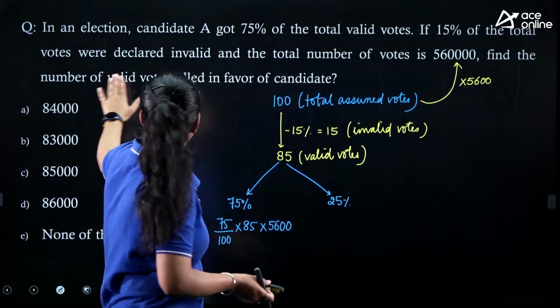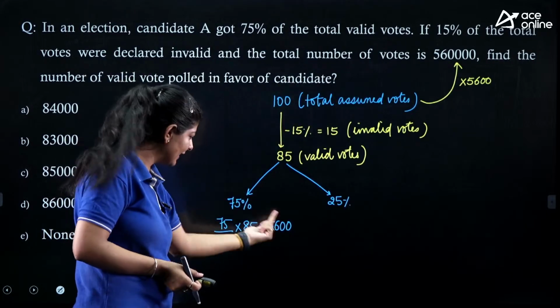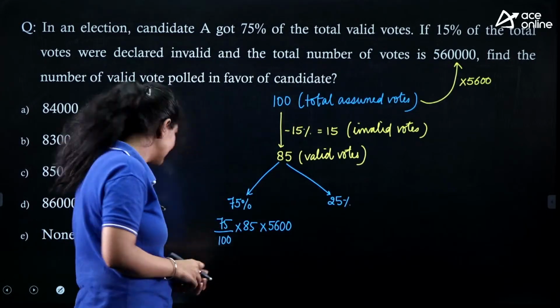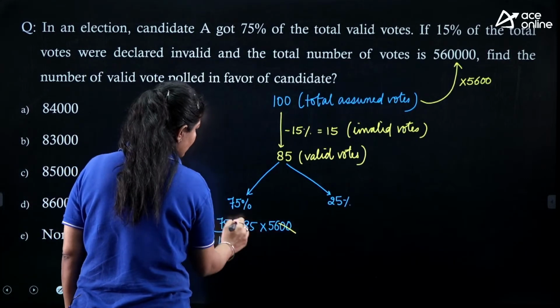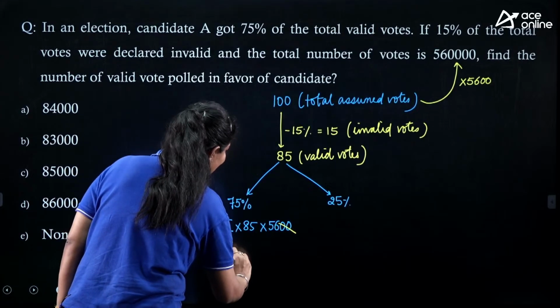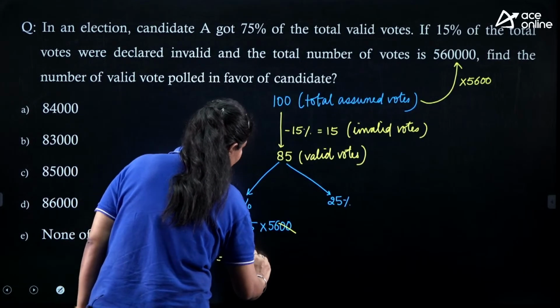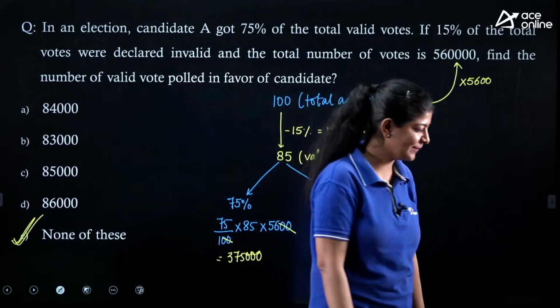Find the number of valid votes polled in the favor of the candidate. This is the candidate, right? And this much of votes he got. So these two zeros are eliminated, and we are getting 3,75,000 votes, which is not available in the options. So option number E is the correct one.